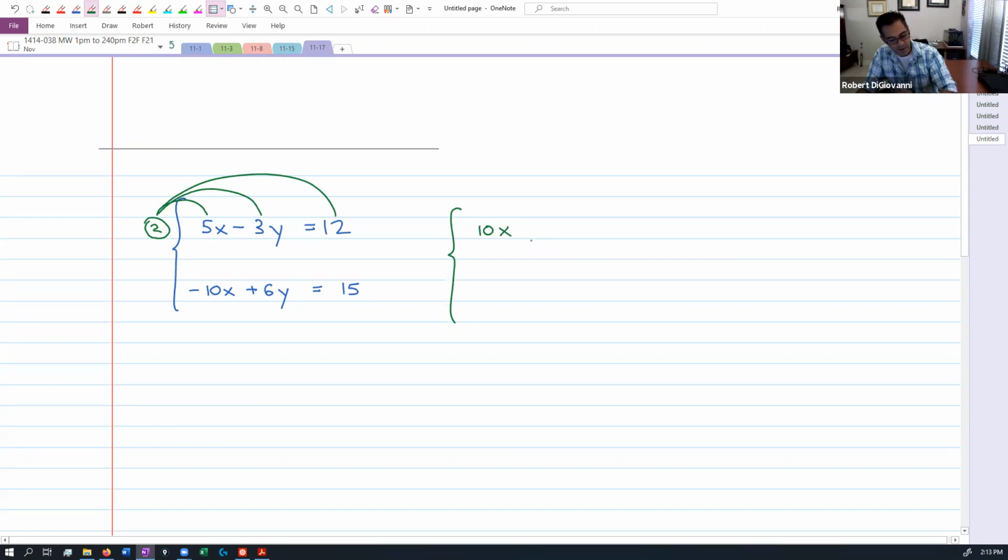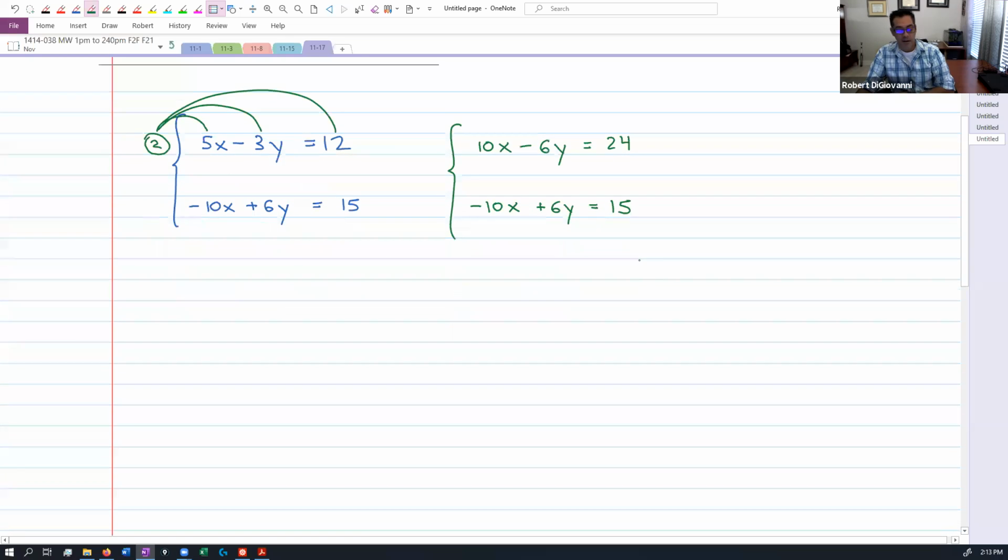Yes, let's keep going. Negative 6y equals 24. And on the bottom, we have negative 10x, nothing changed on the bottom, plus 6y equals 15. And now add down.